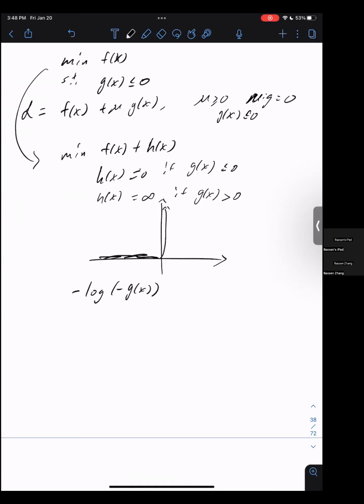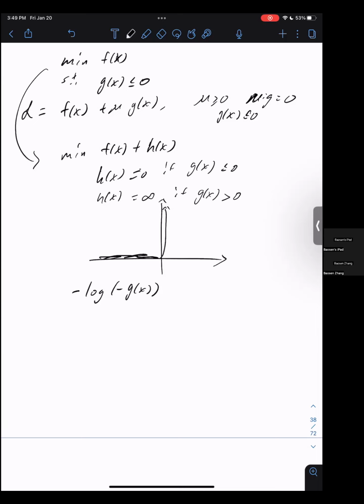So you look at minus log of minus g of x. When this is close to 0, log of 0 is minus infinity. So minus log of 0 is infinity. But this function grows extremely slowly when minus g of x is big, because log of something is essentially constant.